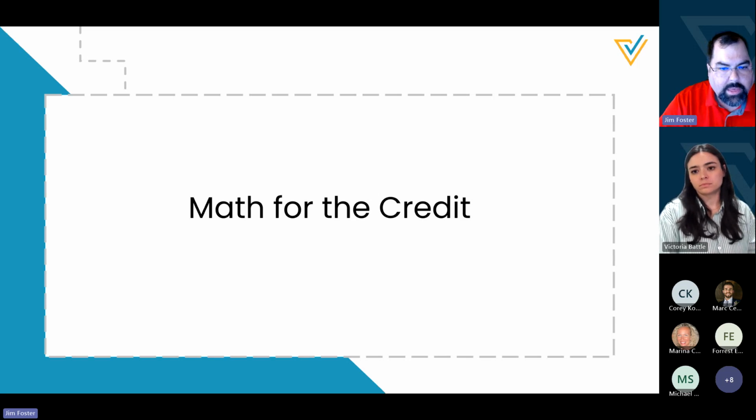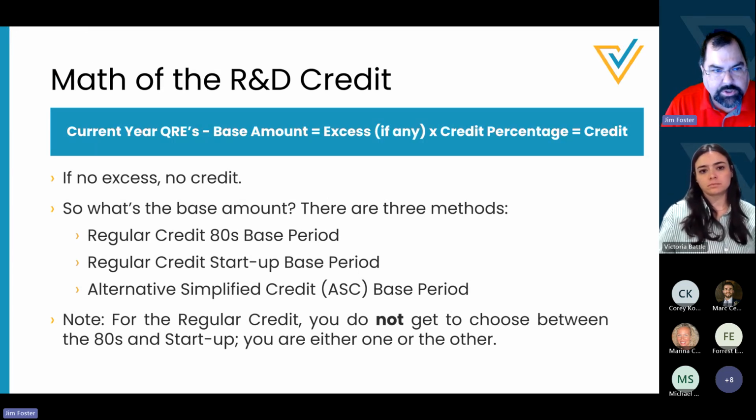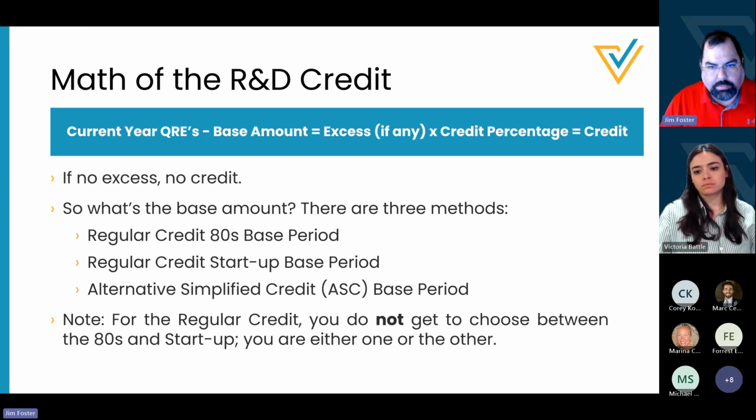The math for the credit. So, as I mentioned earlier, you take the current year qualified research expenses, you subtract out the base amount, and if there's an excess, keyword if, then you multiply by the credit percentage, and we'll discuss that in a moment, and you get the credit. Now, if there's no excess, there's no credit.